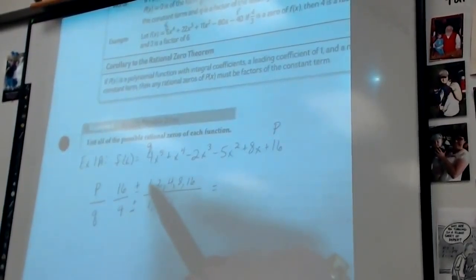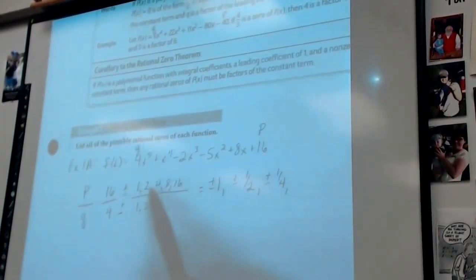So what's 1 divided by 1? Plus or minus 1, and you always consider the positive and the negative. Now 1 over 2, 1/2. Now 1 over 4, 1/4.